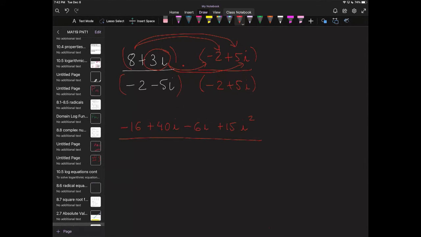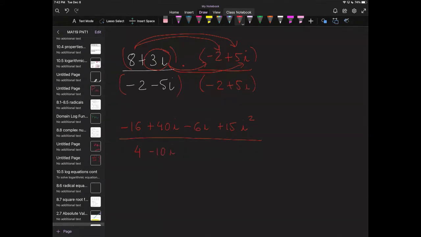Now let's do the multiplication in the denominator. Remember, they are conjugates, so my expectation is that when I write the final answer, there is no more i in the denominator. So we have negative 2 times negative 2, positive 4. I have negative 2 times positive 5i, so negative 10i.